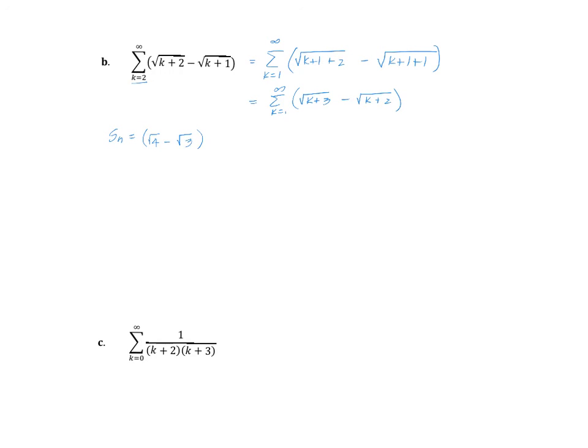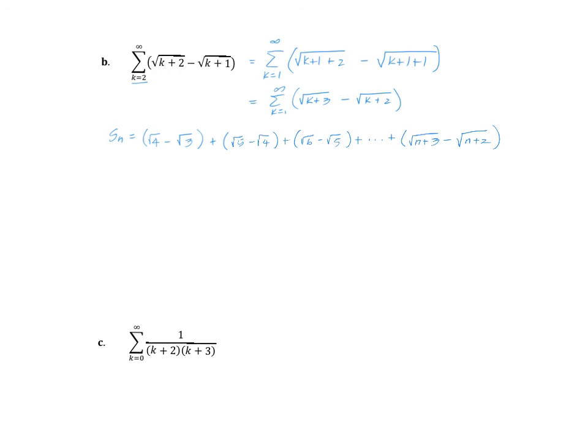Plus, when k is equal to 2, we have the square root of 5 minus the square root of 4, plus k is equal to 3, square root of 6 minus the square root of 5, plus, and so on. So my nth term would be just substituting in n for k to get the square root of n plus 3 minus the square root of n plus 2.